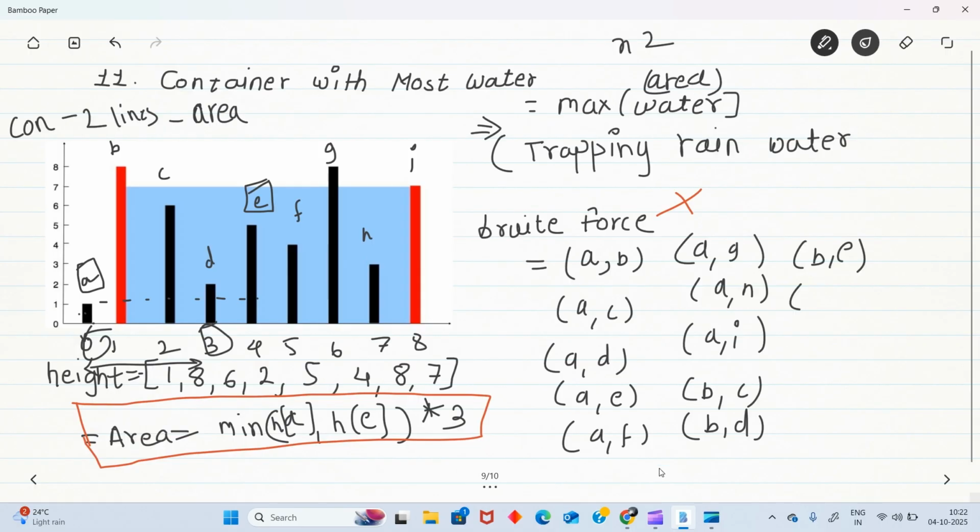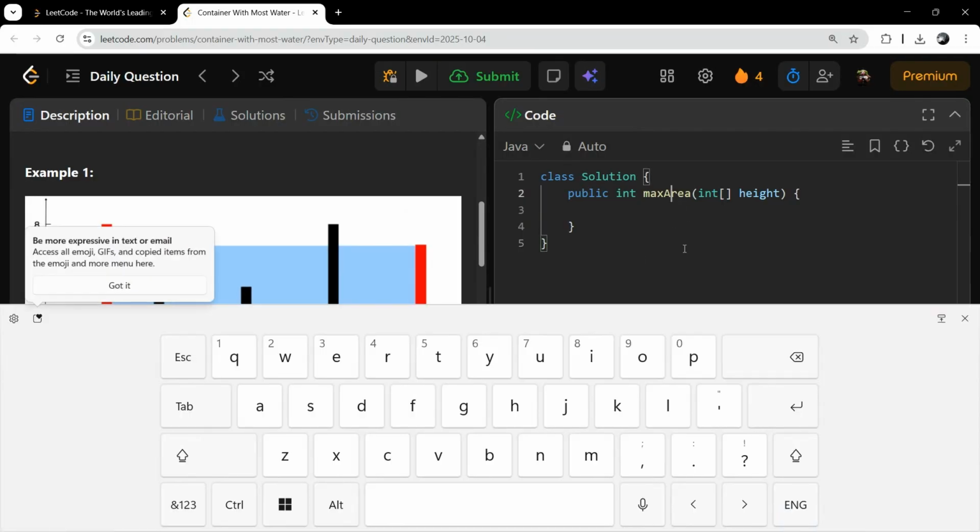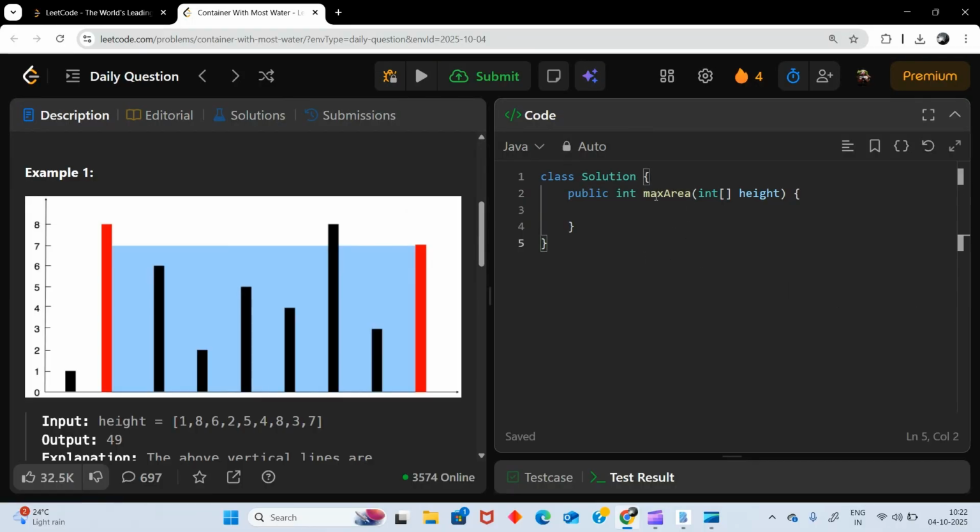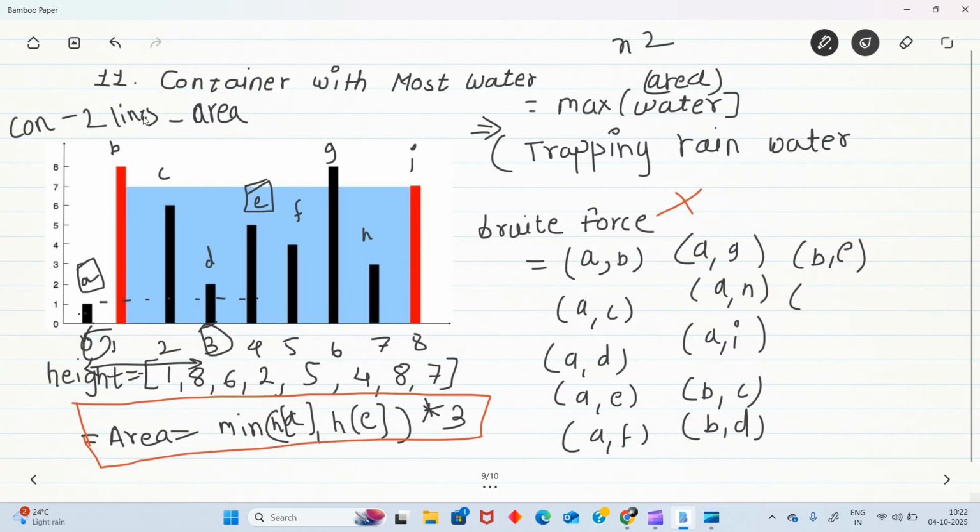That is why in the question you are given the max area. Now you have to maximize the area. So what will the brute force approach be? It will be to consider all the pairs. Let's say we label the lines a b c d e f g h i. You consider a-b, a-c, a-d, a-e, a-f, a-g, a-h, a-i.